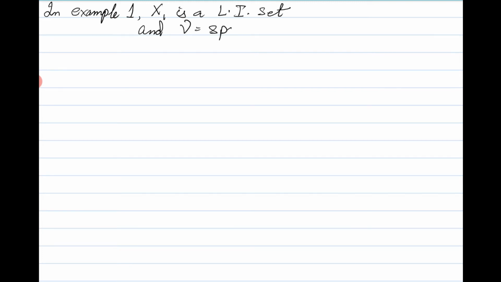I'll put it down as, in example 1, x1 is a linearly independent set, and the vector space V is equal to the span of x1.